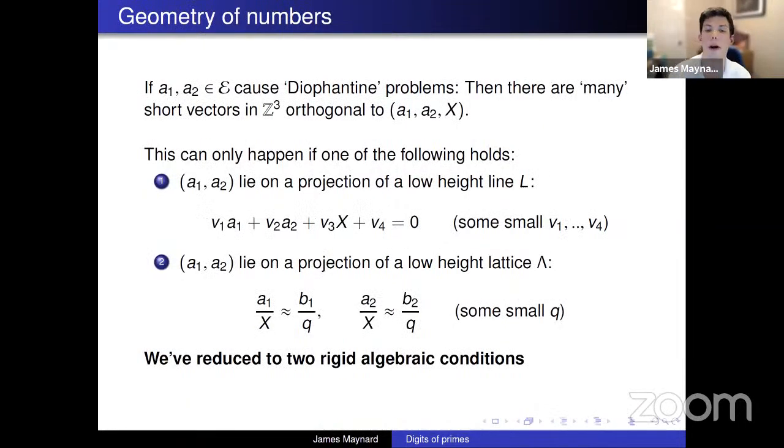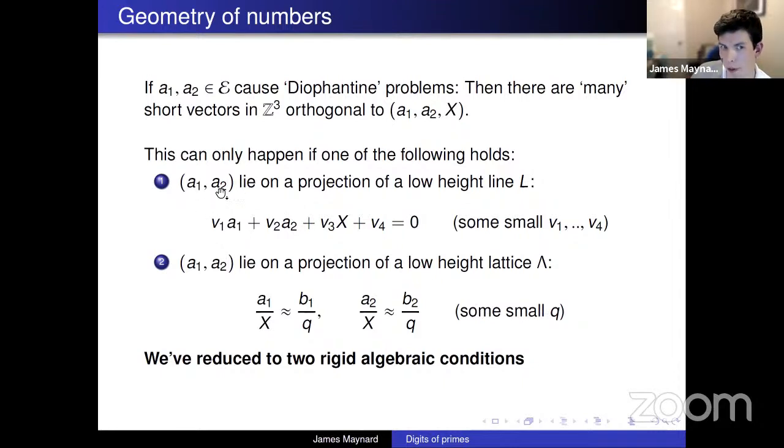So it's well known that you can get pretty precise answers to this using the geometry of numbers, and you can go back and classify precisely when these obstructions occur. And you only have problems in one of two possible cases.